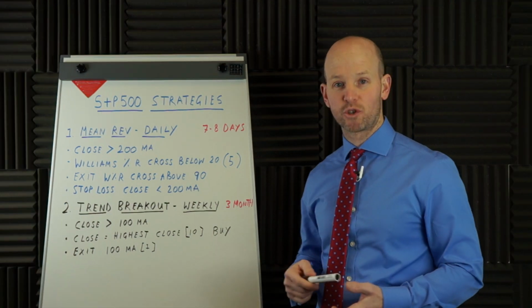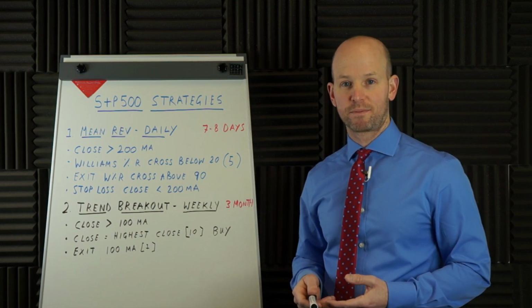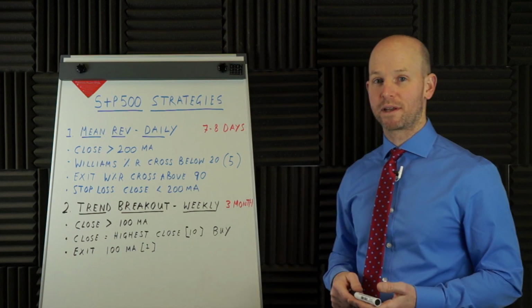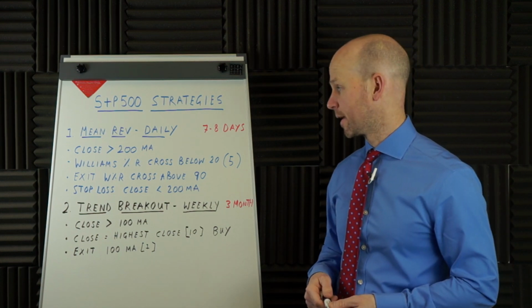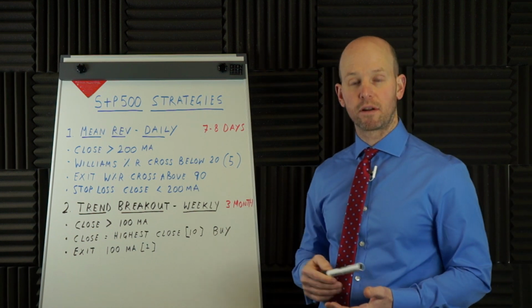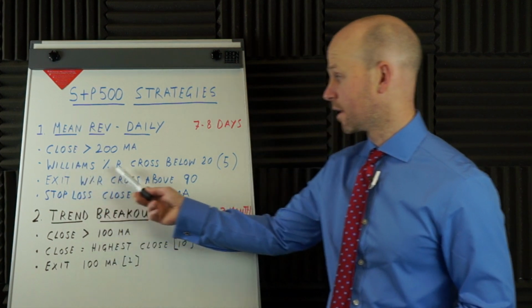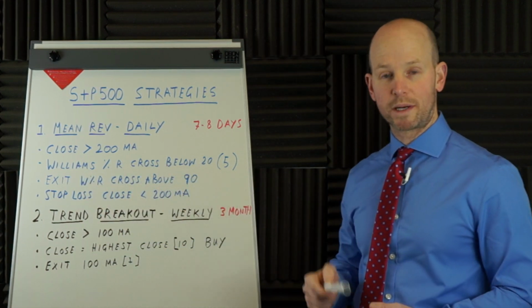Now, to identify the short-term pullbacks, we're going to use an indicator, and we're going to use Williams %R. Most charting packages have Williams %R, and it's an oscillator. I'm actually using a 5 period Williams %R, so I've made it slightly faster than the standard. And what we're looking for is when Williams %R crosses below the 20 level.